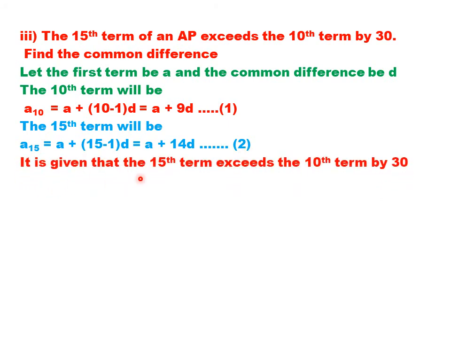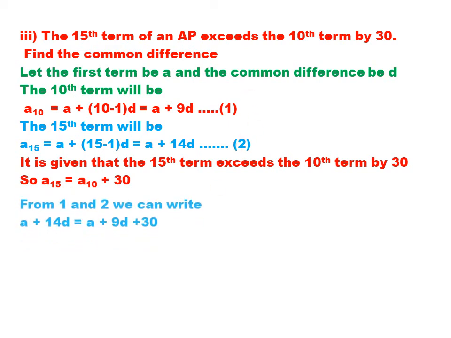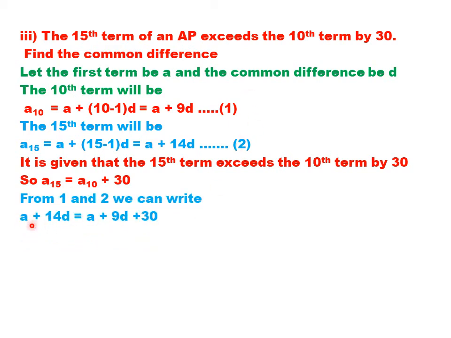It is also given that the 15th term exceeds the 10th term by 30. That is, A15 will be equal to A10 plus 30. So we substitute the values of A15 and A10. A plus 14D equals A plus 9D plus 30.